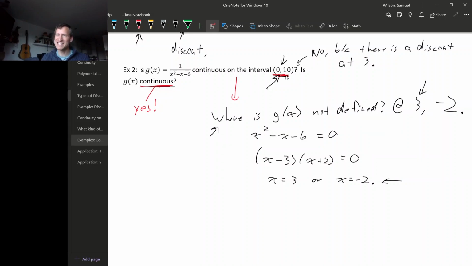It's not continuous on this interval, even though it's continuous. So you have to be a little bit careful about how you use the terminology surrounding continuity. Asking if a function is continuous, you're specifically only asking about continuity where it's defined. So wherever it's not defined, of course it's going to be discontinuous because it's not even defined.